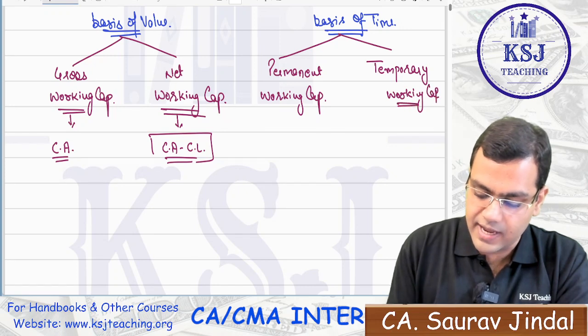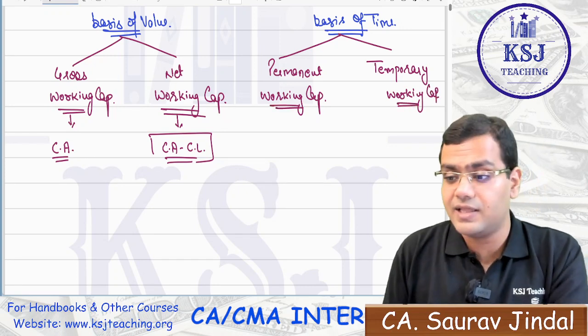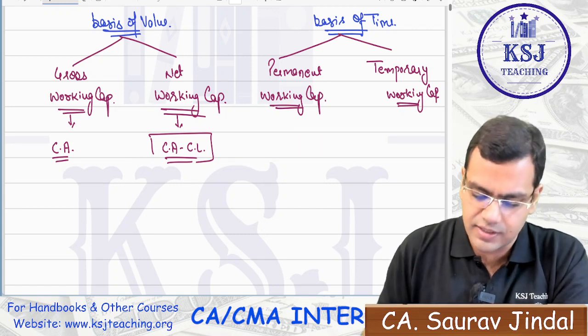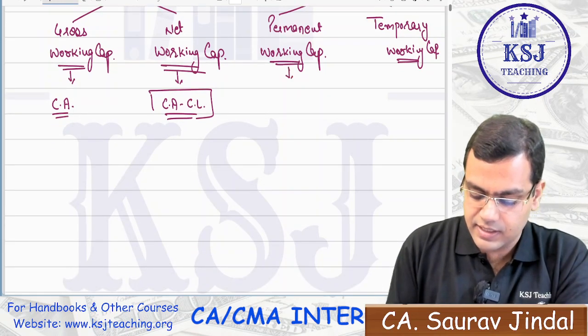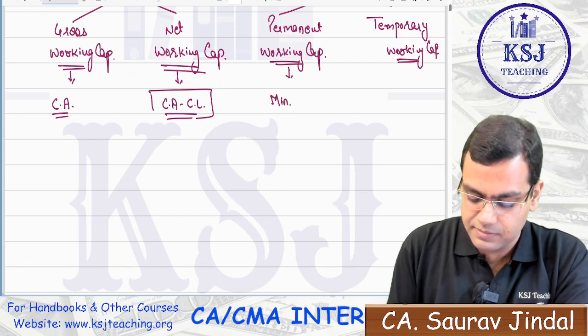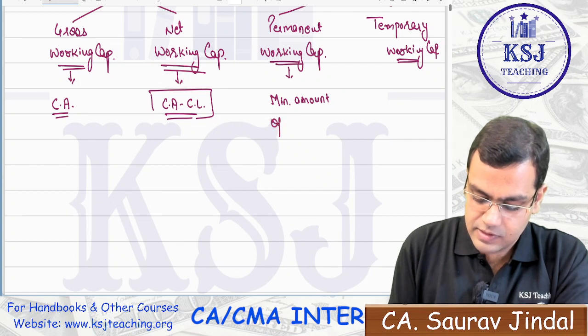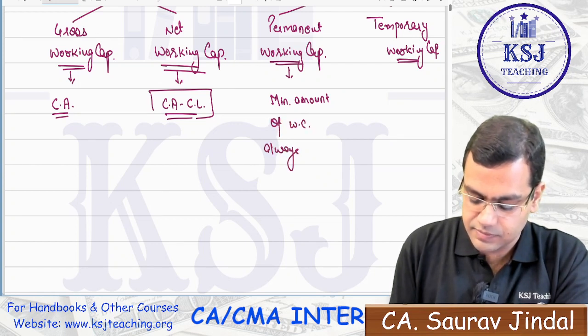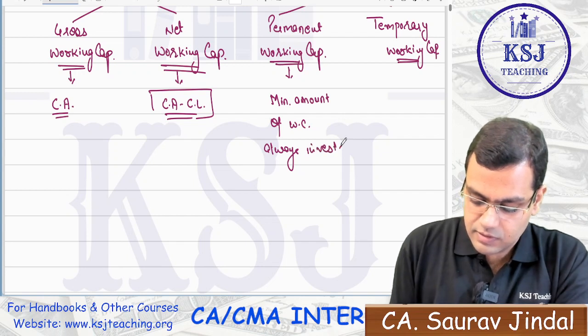The permanent working capital is some minimum amount of capital that is always invested in the business, right? So permanent is the minimum amount of working capital always invested in business.